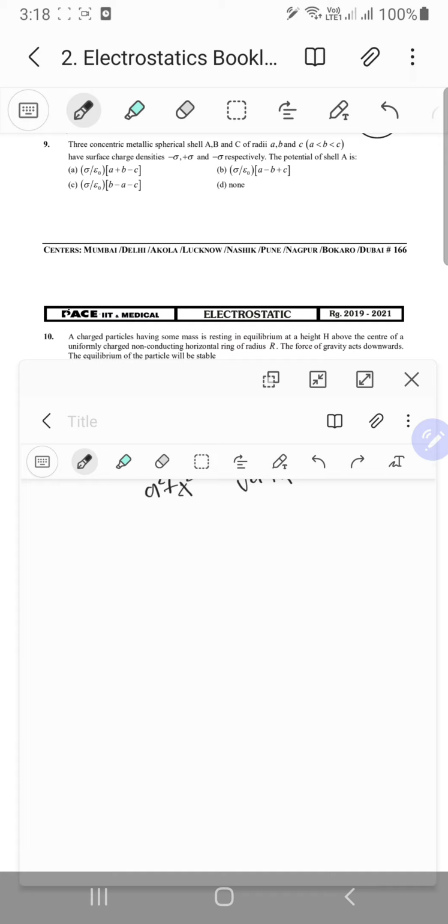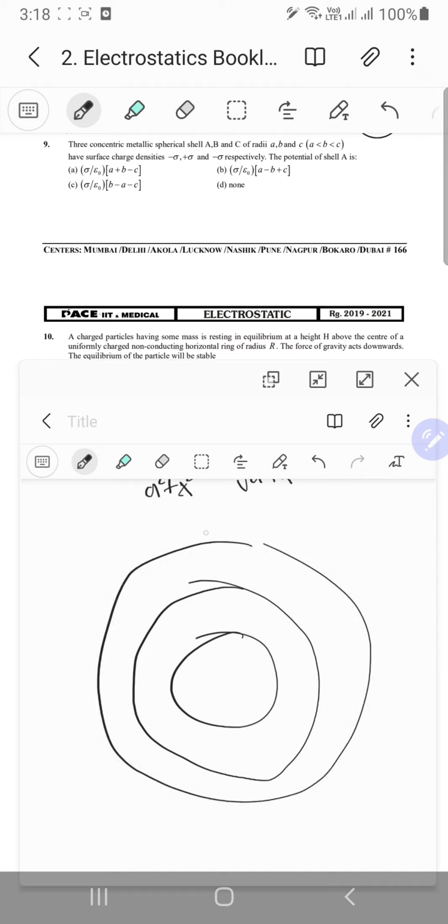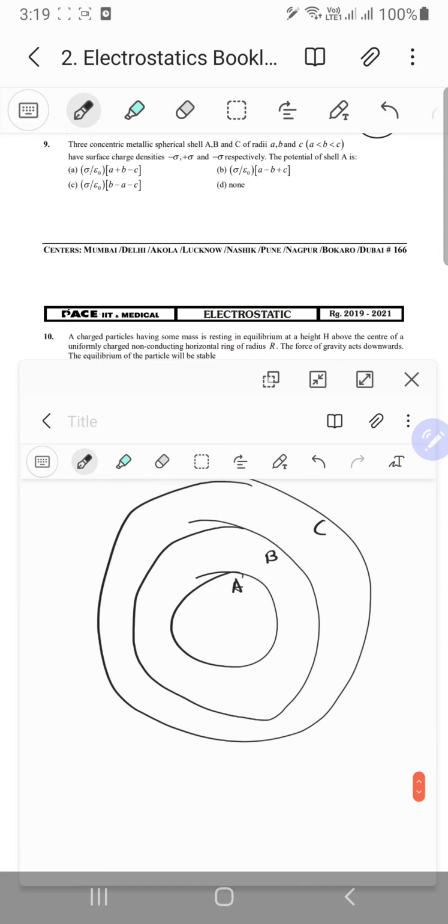So 3 concentric metallic spheres. Okay, let's just draw it first of all. So this is A, this is B, this is C. They have charge densities minus rho, plus rho, and minus rho respectively. So it's proportional to a squared, b squared, c squared. Cool. A is the smallest.